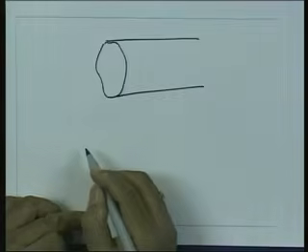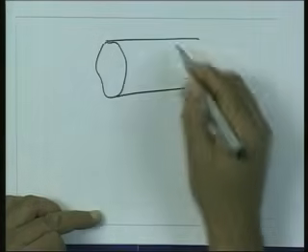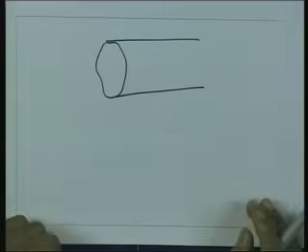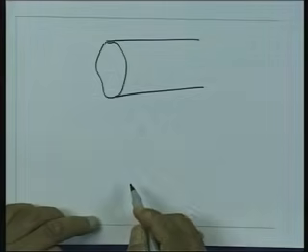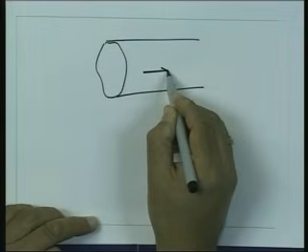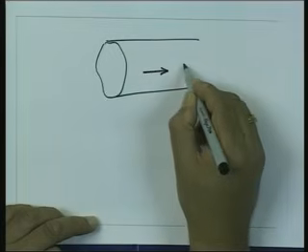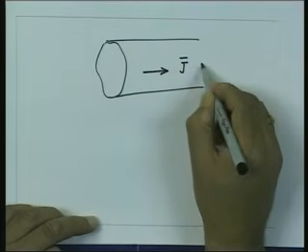So, normally what we do, we define a quantity called the conduction current density. If I have, let us say, some conductor like that, and the medium property, which is the conductivity of the medium, varies inside this, then I can define the conduction current density.